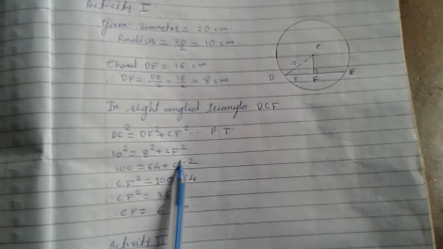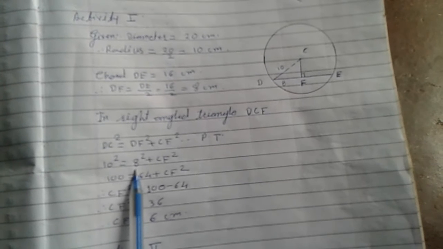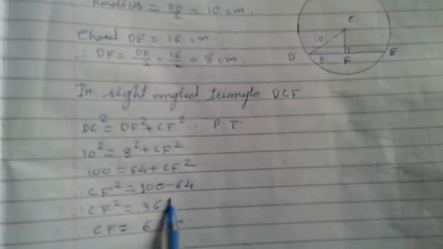That means here DC is equal to 10 and DF is equal to 8. And therefore here 10 square is equal to 100 is equal to 64 plus CF square. That means CF square is equal to 100 minus 64.